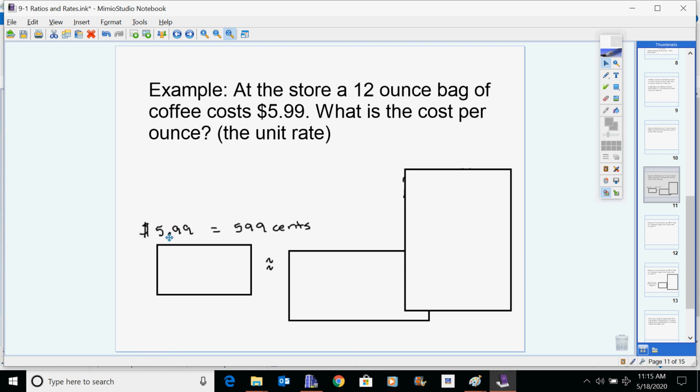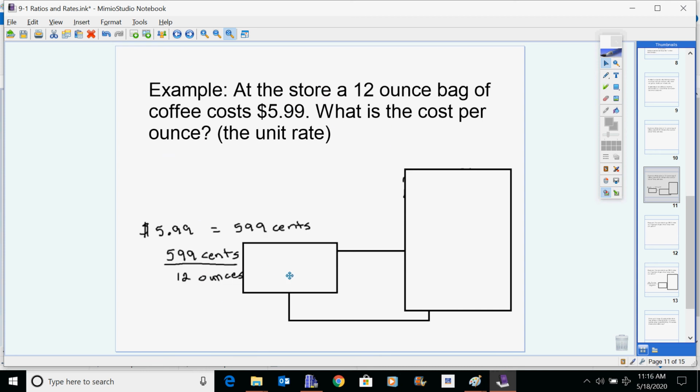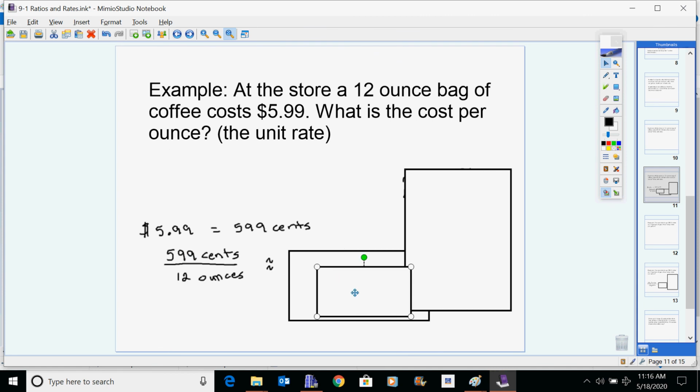The easiest way to do that is just move the decimal over 2 places. Then you're comparing how much money per ounce. That means the ounces go in the denominator and the 599 cents go in the numerator. We want to find out about how much that equals. The squiggly equals sign means about.